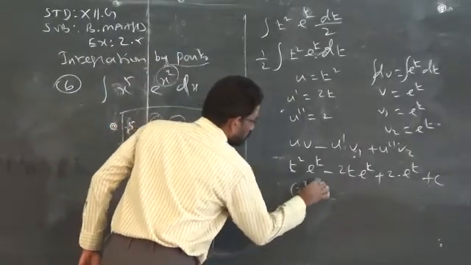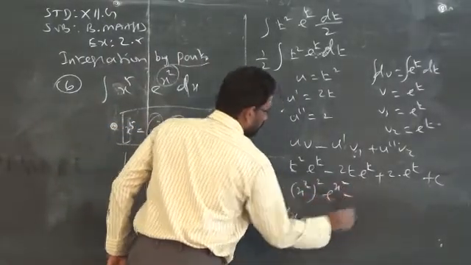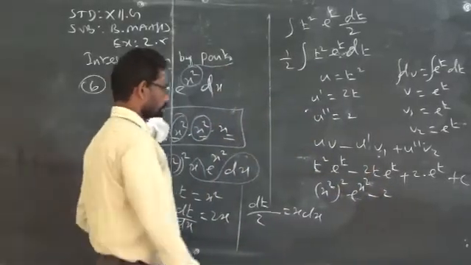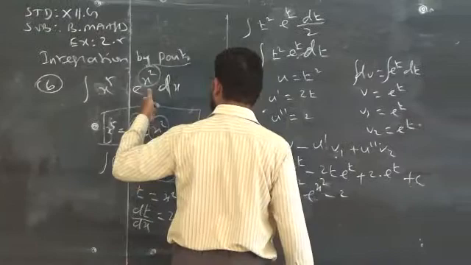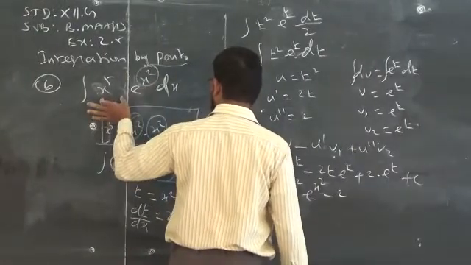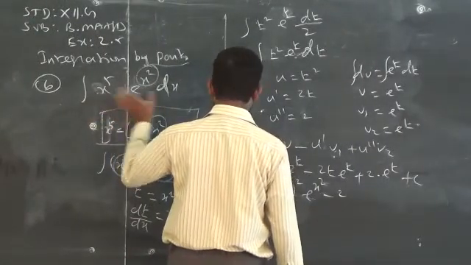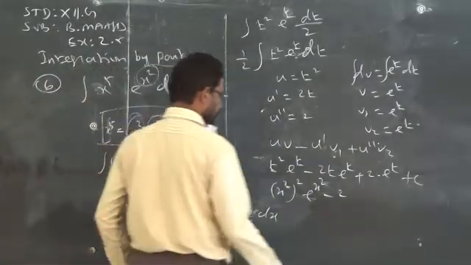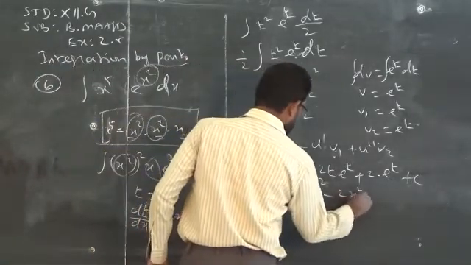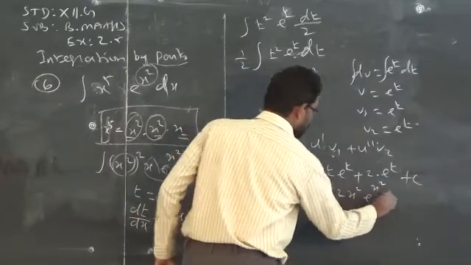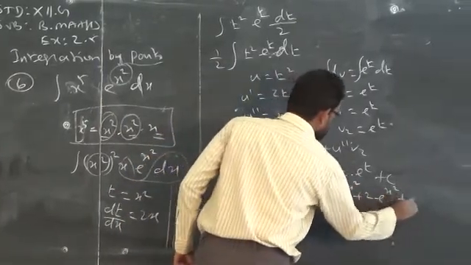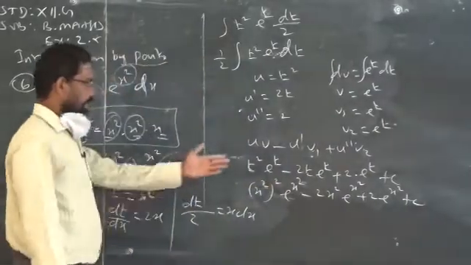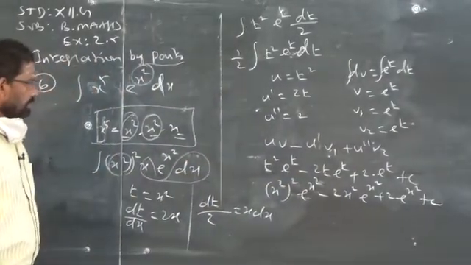T is replaced by x square, because when the question is given only in the variable x, the answer should also carry only the x variable, not the t variable. So 2x square e power x square plus 2 e power x square plus c. x square to power 2 is x power 4, and this is your required answer.